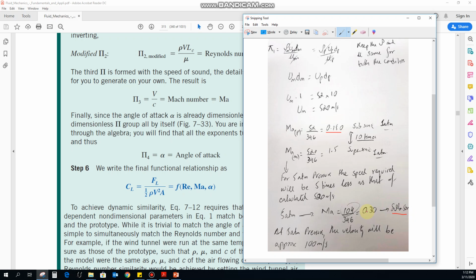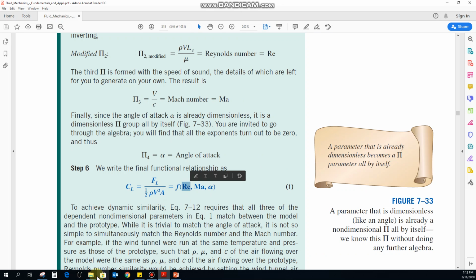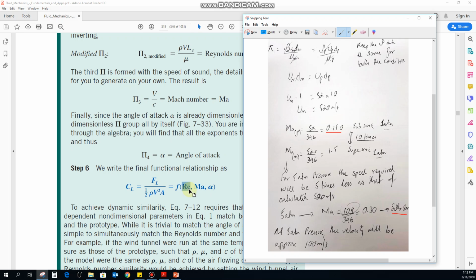So what we have seen from this example is that we have developed the dimensionless numbers, and we have developed the functionality between different dimensionless numbers, and then we use these dimensionless numbers to make a comparison between the model and the prototype. We have used the Reynolds number, and we have used the Mach number. From the Reynolds number, we have calculated the velocity of the model, and then we compare this velocity with the Mach number to see the physical limits of the operation of the airplane wing. We have calculated the Mach number, and then we see that the new velocity, if we use it for the actual experimentation, is very high.